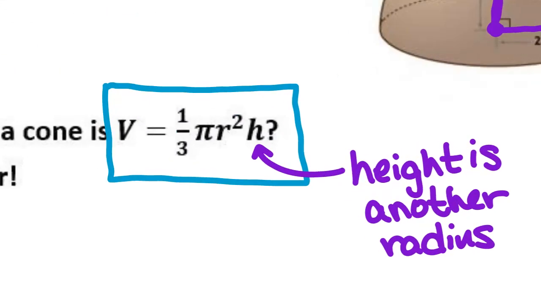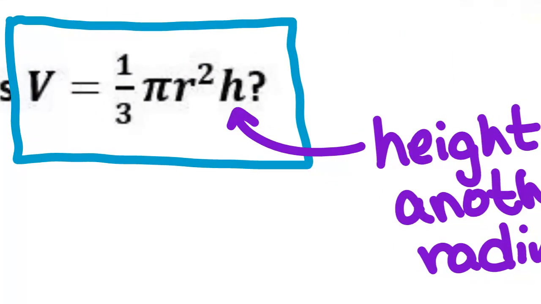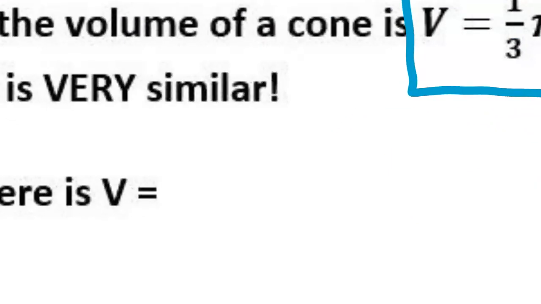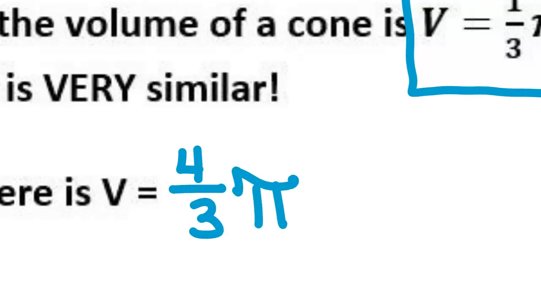So instead of having r squared, what would we call it if we had r squared times another radius? How many times would r be multiplied by itself then? 3, so that would be r cubed. My volume formula for a sphere is 4/3, not 1/3, pi r cubed.